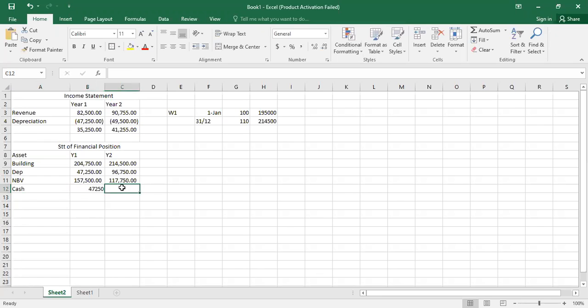So as at the end of the second year, what will be the value of cash? Remember, our current purchasing power is 110.